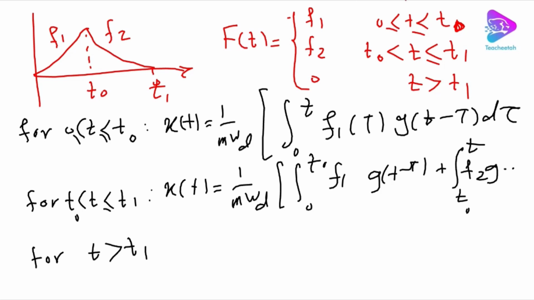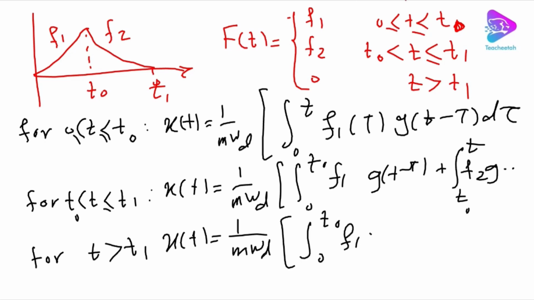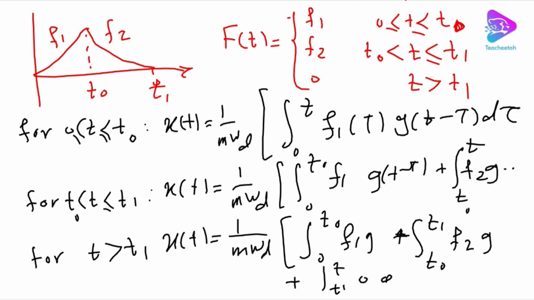And finally for the last one, we have 3 components basically, but the last one would be 0, so we have only 2 components: from 0 to t naught f1 g, plus from t naught to t1 f2 g, and from t1 onward the force is 0, which we don't calculate.